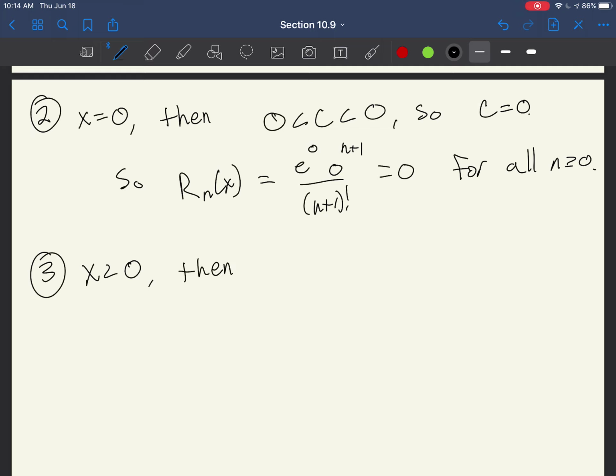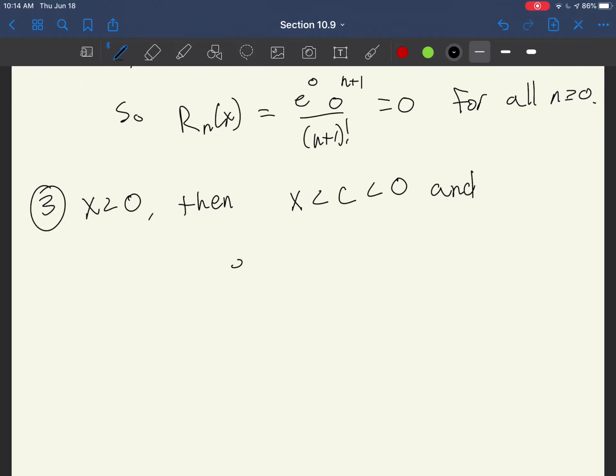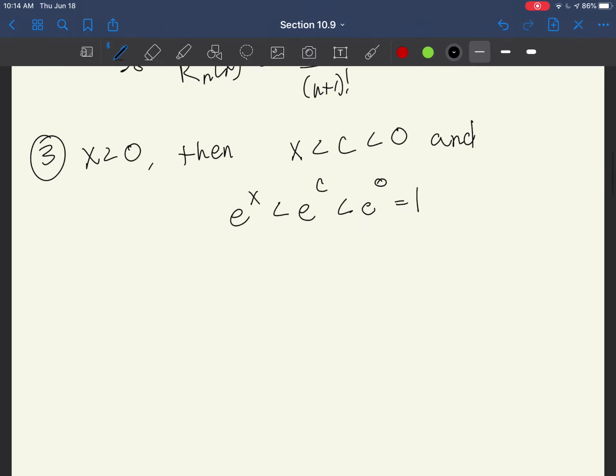And the third case, we have x is less than 0. Then, since c is between 0 and x is less than 0, we have x is less than c is less than 0. And do e to the power of all of these, and you get e to the x is less than e to the c is less than e to the 0, which equals 1.